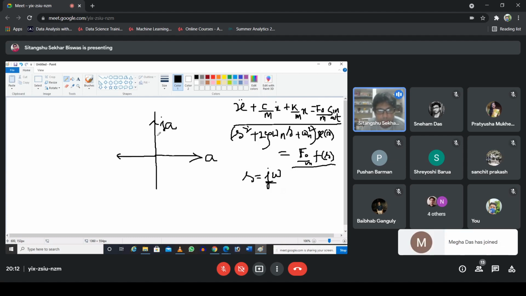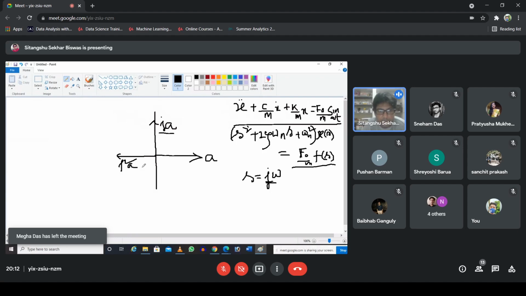Again, if you multiply with j by j, that means j square a, it will be lying on this, and j cube a will be lying on this, and it will start to rotate like this. So this is the real axis, this is the imaginary axis. This concept will be needed.